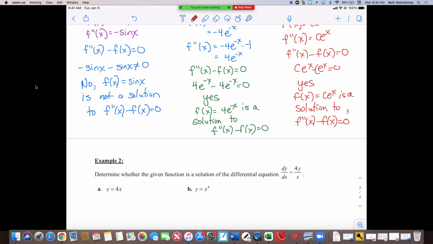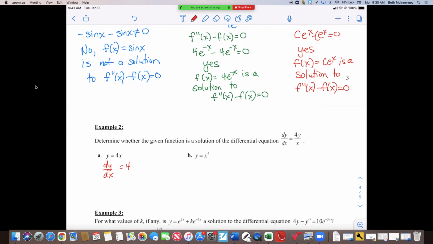Okay, so now let's look at example 2. It says determine whether the given function is a solution of the differential equation dy dx equals 4y over x. So y is 4x, and do you understand that dy dx is just 4?